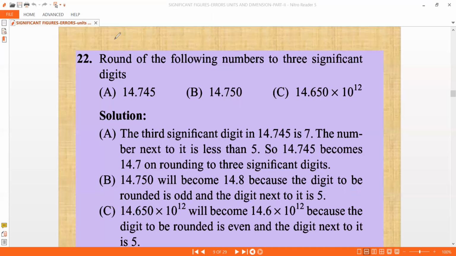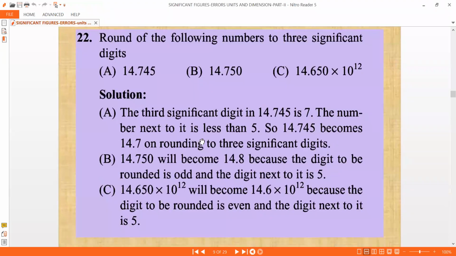Now let us consider the next scenario. This is very, very important. Here, let us say this is 10 power 12. The powers of 10 will not come into the picture while solving for significant figures. So you have 14.650 into 10 power 12, and this 6 is an even number. The 10 power 12 will not hamper the number of significant figures.